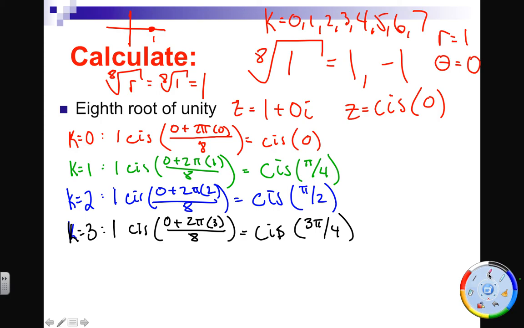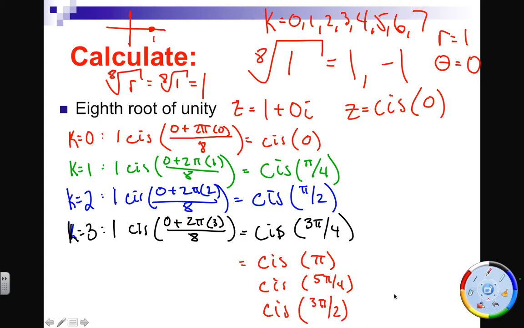Some of you are probably going to ask, can I just continue this pattern? And you can. But be careful, and don't try to get overly clever and figure out all of the answers all at once. So I went by pi fourths, pi fourths, pi fourths, pi fourths. This would be 5 pi fourths.